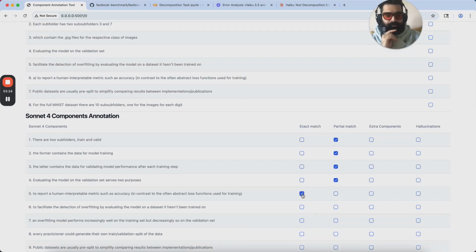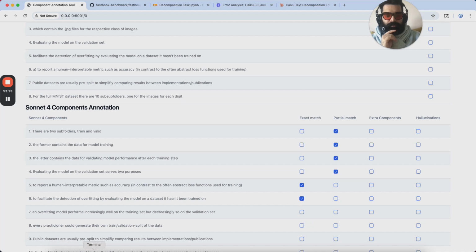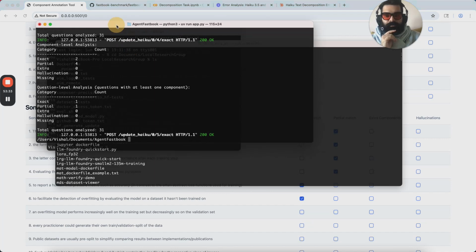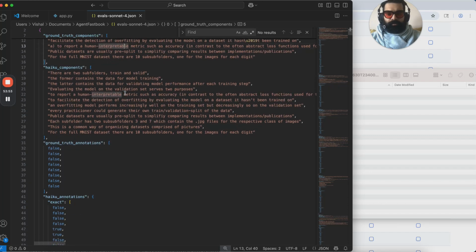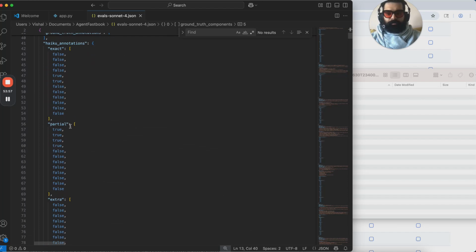This is an exact match. Exact match. And if this is working, which it seems like it is. Oops. Exact, partial, yeah, so it's updating it. So this seems to be working. Let me just open the JSON file and make sure it looks good. So here is exact. We have a couple trues. We have a couple partials. So I think it looks good.